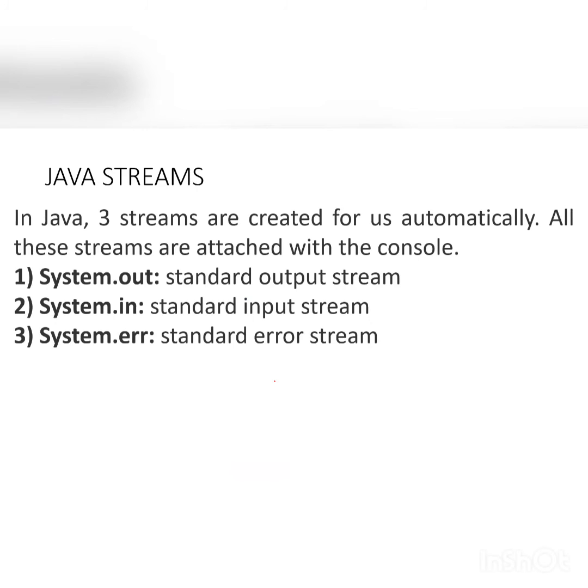Coming to the error stream, if there is any issue or modification that occurs in the code during compilation while processing the streams of data or bytes, that comes under the error stream. So there are three kinds of streams: output stream, input stream, and error stream.